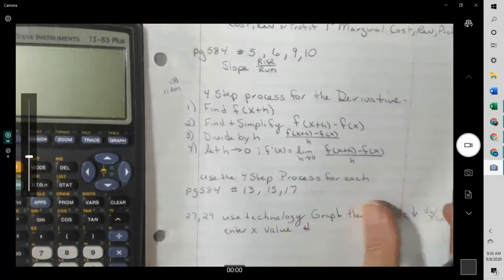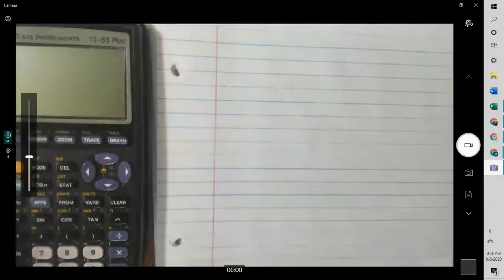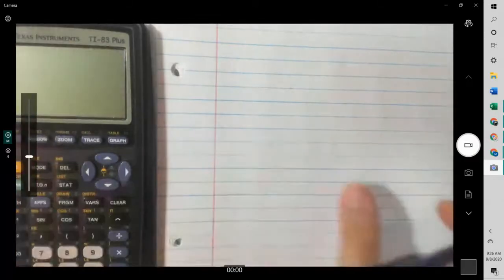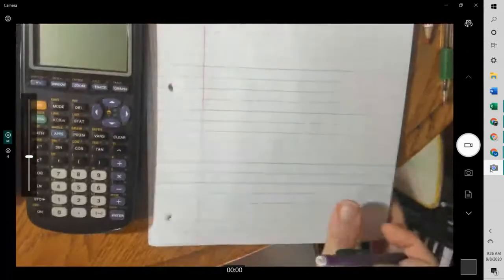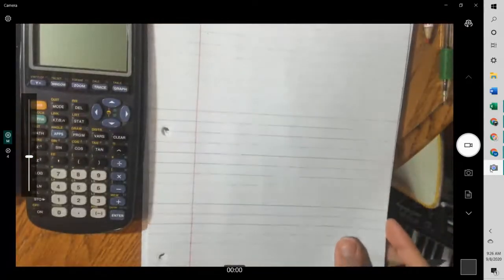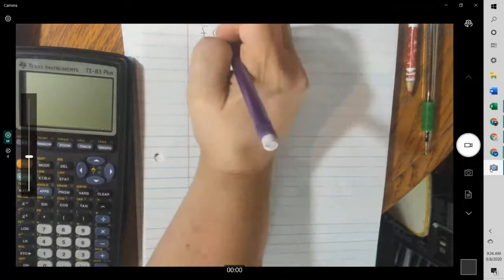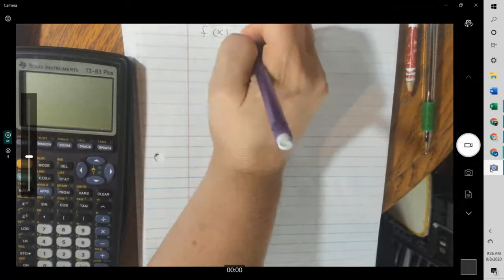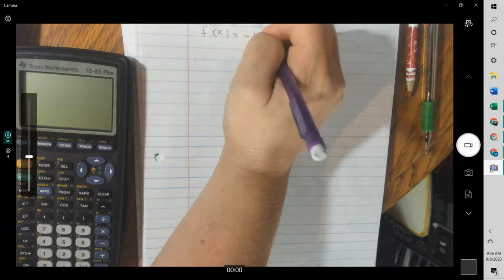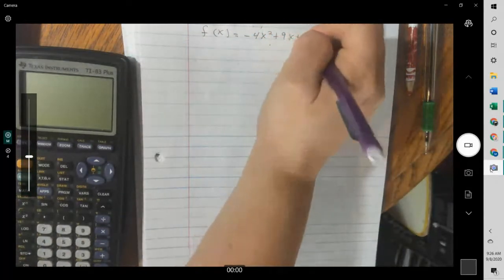So let's try a couple. F of x equals negative 4x squared plus 9x plus 2.